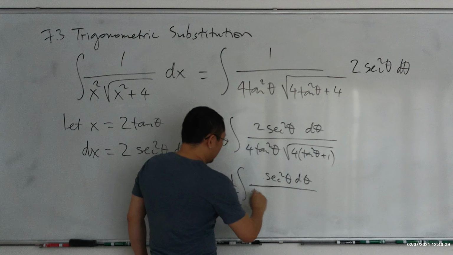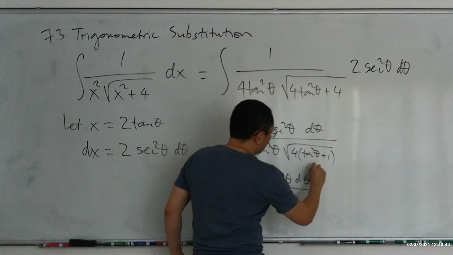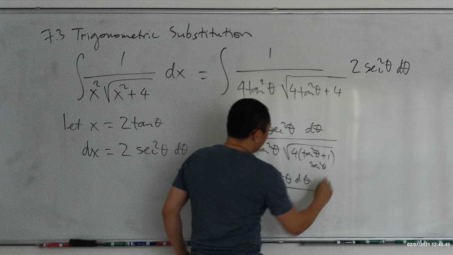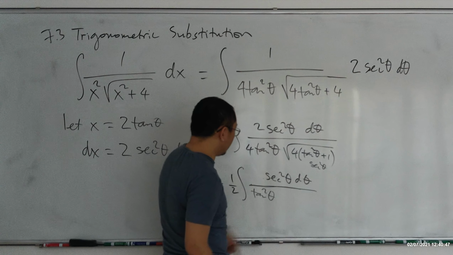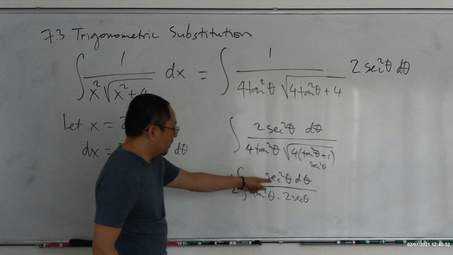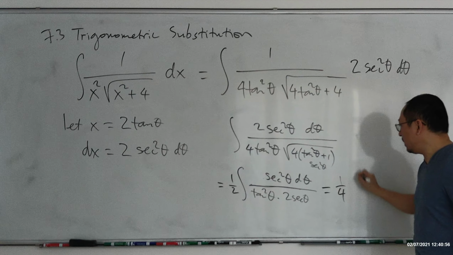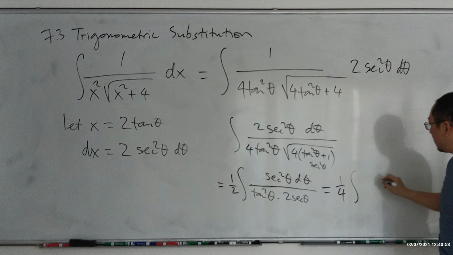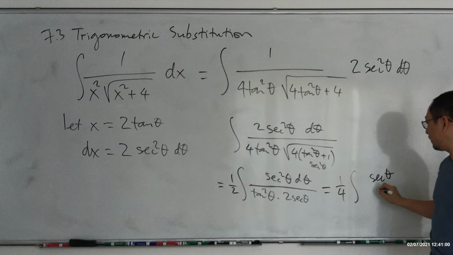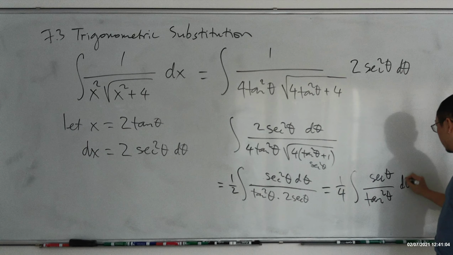This is tangent square theta. Tangent square plus 1 is secant square, right? And take the square root of 4 secant square, I got 2 secant theta. Okay? We can simplify more. I can bring another 2 outside, so I got a quarter outside the integral. Cancel out 1 of the secant theta. I got secant theta over tangent square theta d theta.